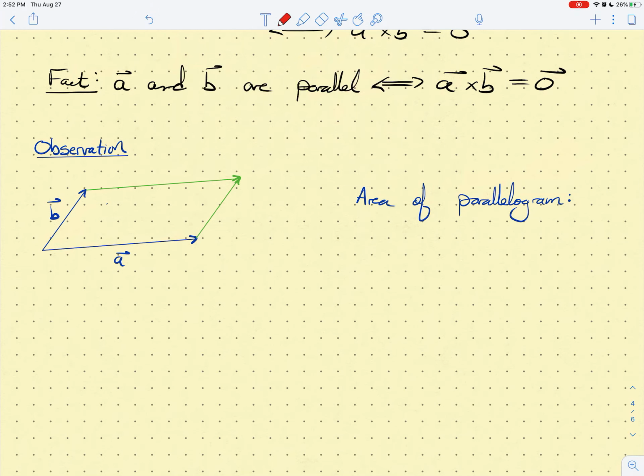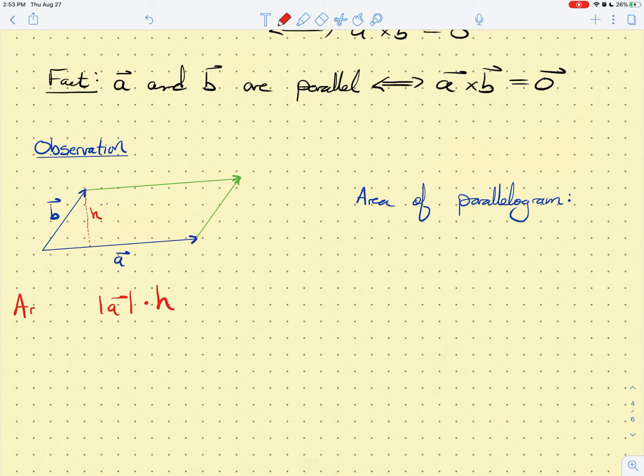And so I'm interested in finding its area. How do you do that? Well, let's think about it. The area of a parallelogram, I'm going to drop a vertical down here, take a projection if you will. So this is my height, and I know that the area of this thing is the length of the base, which is length of A, times the height h.